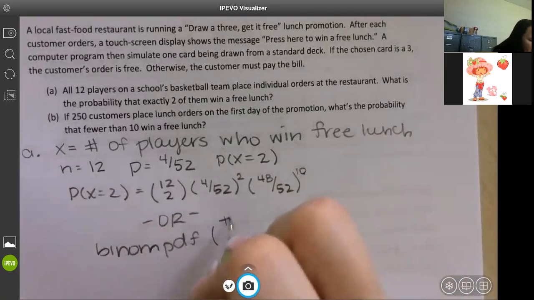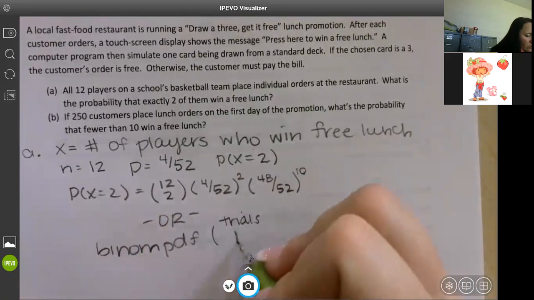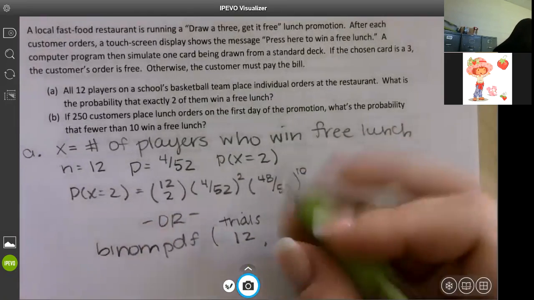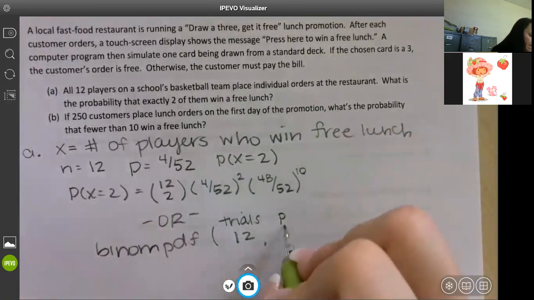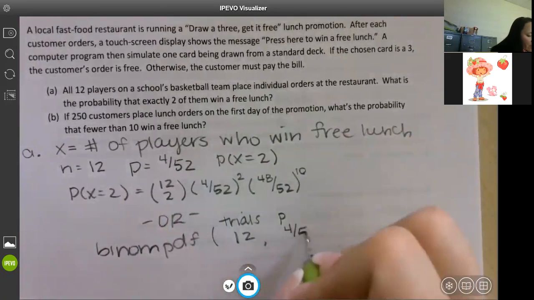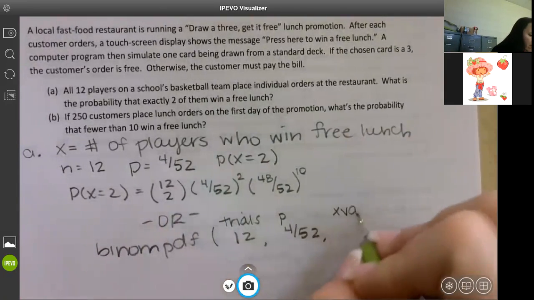What's your number of trials? How many are we choosing? 12. What is your probability? Success probability is 4 out of 52. And then how many do we want? What is our X value?